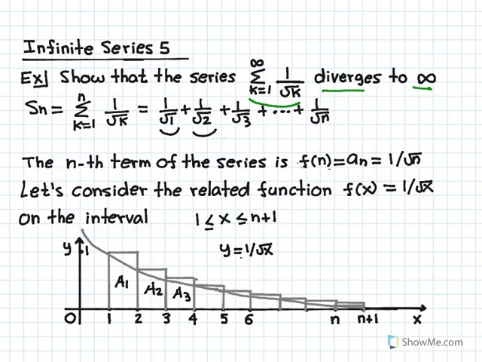You can see the area of one of these rectangles, of all of these rectangles, is bigger than the area under the curve. So A2, the area of the second rectangle, is bigger than the area under the curve, and so on for all of these rectangles.